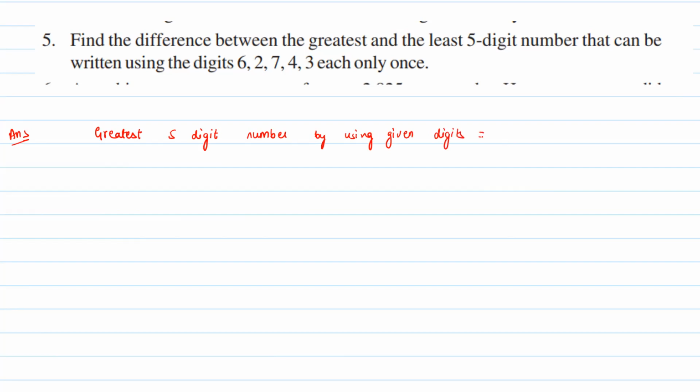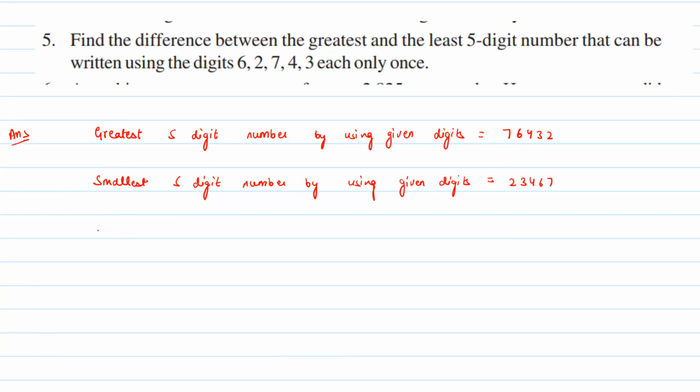What will be the greatest number that will be formed, we know how to make it: 76432. And the smallest or the least 5-digit number by using given digits, you have to write each and every statement clearly. It will be the opposite: 23467.